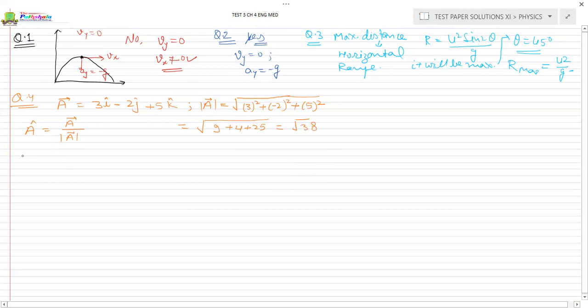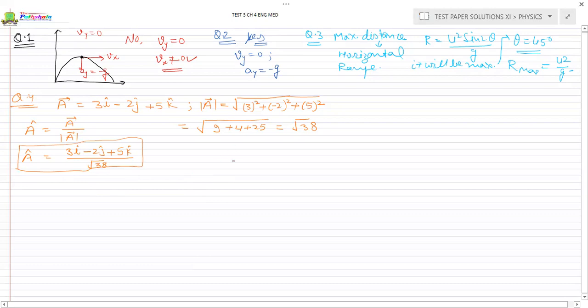So what will be the unit vector? A cap will be equal to 3i cap minus 2j cap plus 5k cap upon under root 38. This will be the answer.